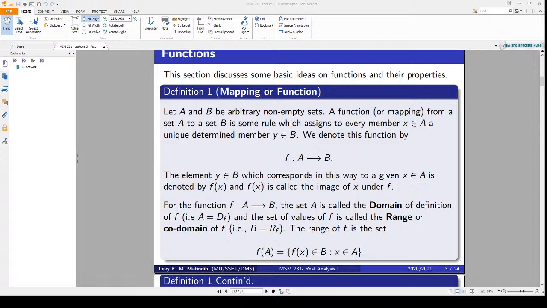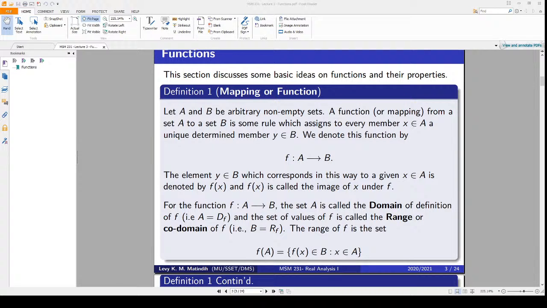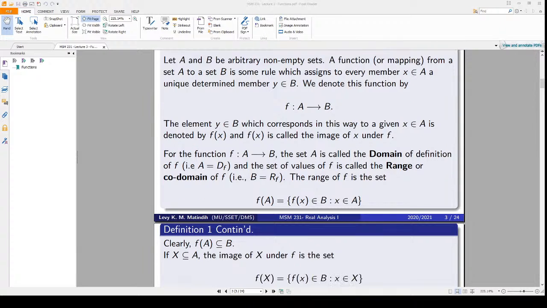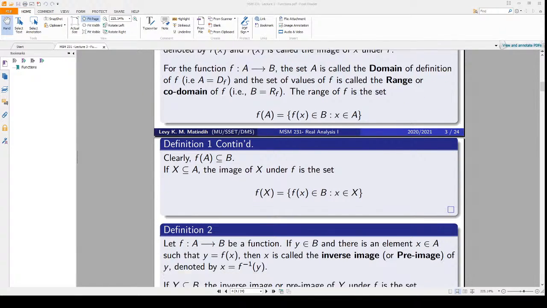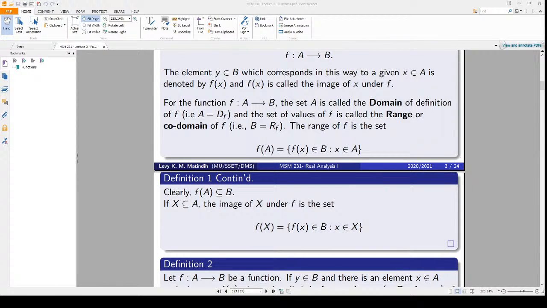Now, let's look at, if we have two sets. This is definition 1 continuing. So it's a continuation. Now, if you look at the domain, let's take ourselves back.